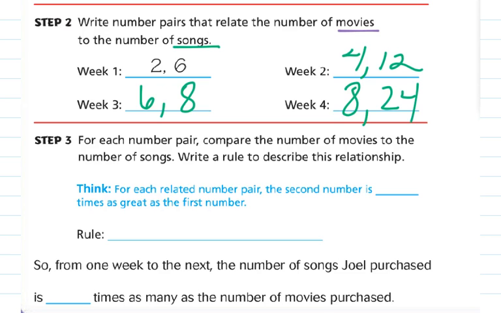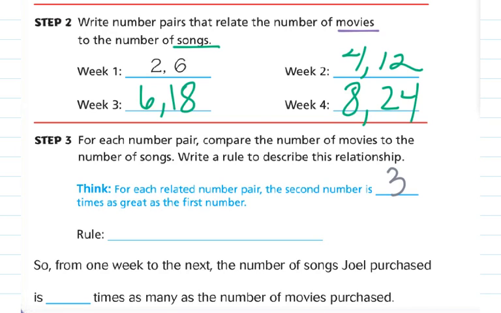For each number pair, compare the number of movies to the number of songs. Write a rule to describe the relationship. Think. For each related number pair, the second number is 3 times as great as the first number. Because if you think about it, 2 times 3 would be 6, 3 times as great. 4 times 3 would be 12, 3 times as great. 6 times 3 is 18, 3 times as great.